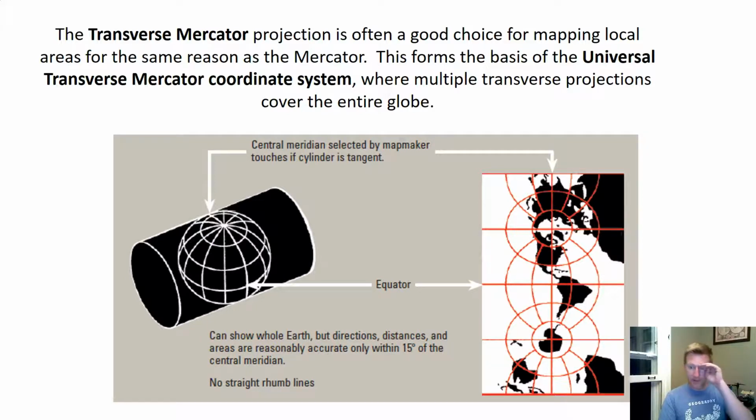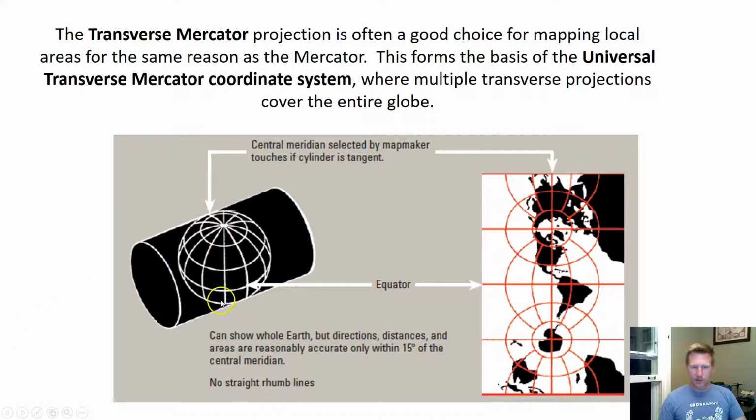And because it's essentially exactly the same projection as the Mercator, just oriented differently, it has all the same properties. So it's not equal area, it is conformal. And the interesting thing about this coordinate system is that if we take each of these cylinders and we rotate it at 15 degrees each time, we can create very locally accurate systems.